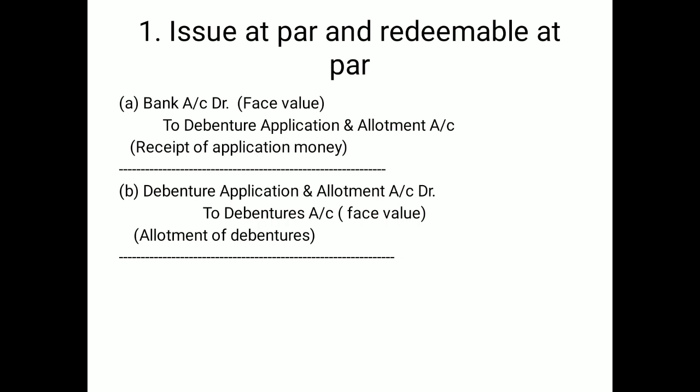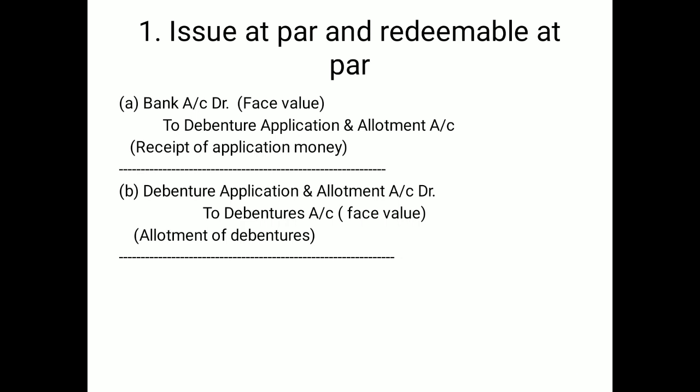When the money is coming at par, means 100 rupees up to the face value, the first entry will be passed with the money received, that is par 100. Again the same value is to be debited and transferred to the debentures account with the face value of the debentures. If par equals par, it means the face value is also 100 and the number of debentures is to be multiplied here.